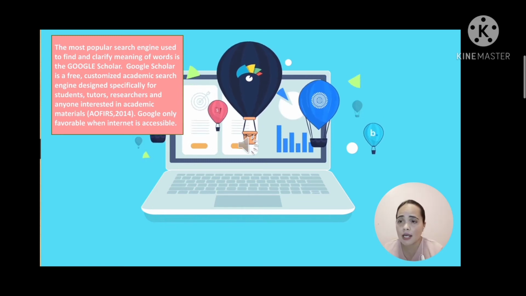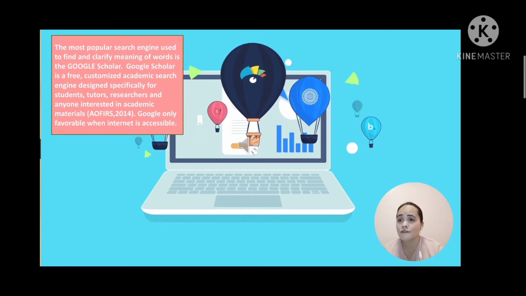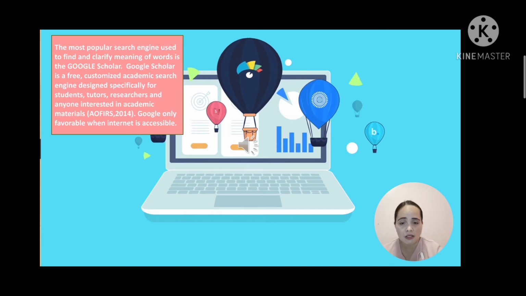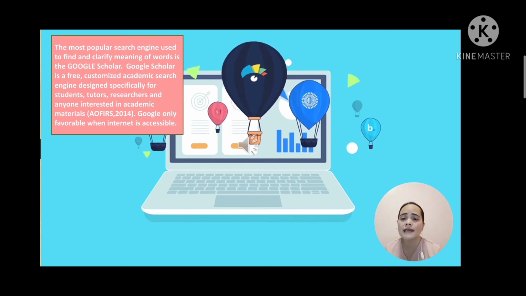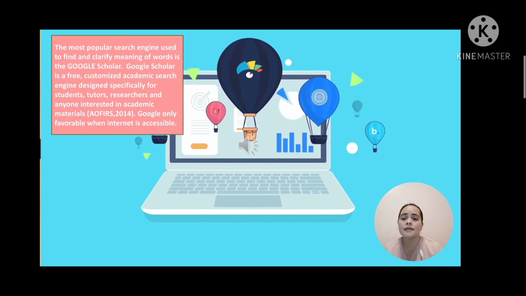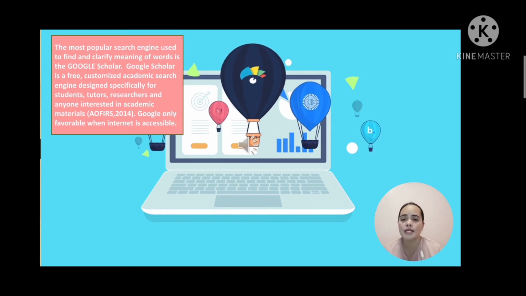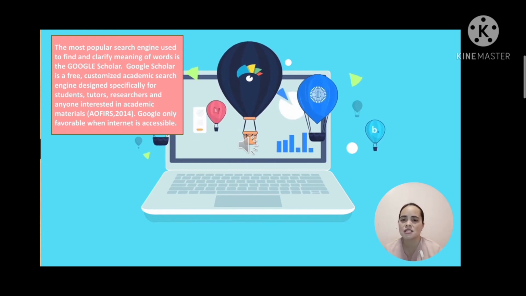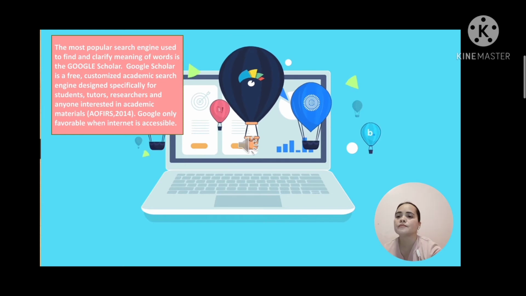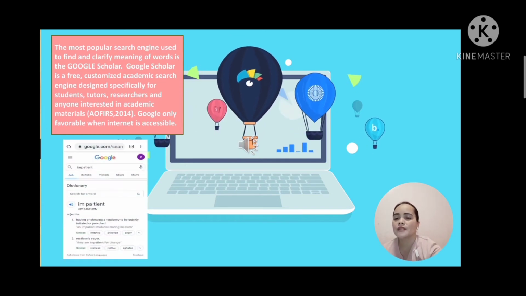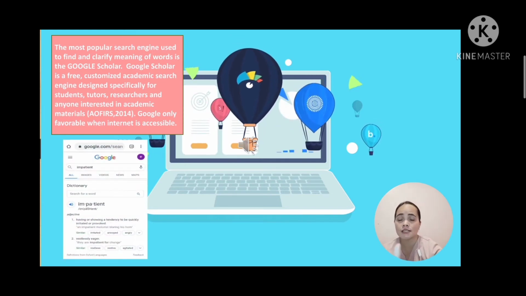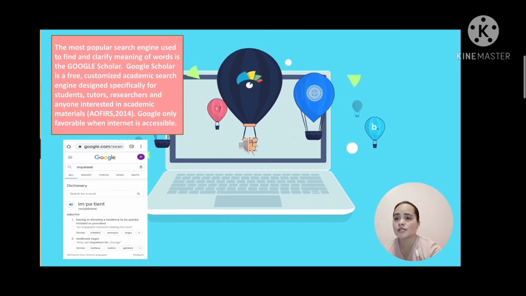So what is meant here by being free? It's free because as long as you have the internet, you can freely find the meanings, a lot of meanings or searches you want to know. Okay, so I have here an example using these online resources.